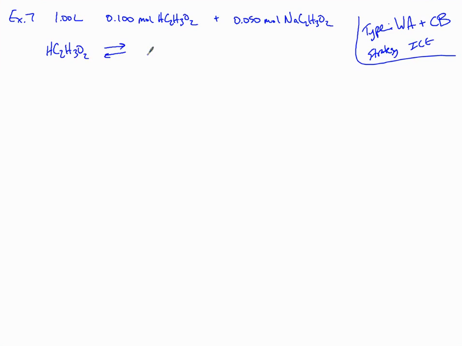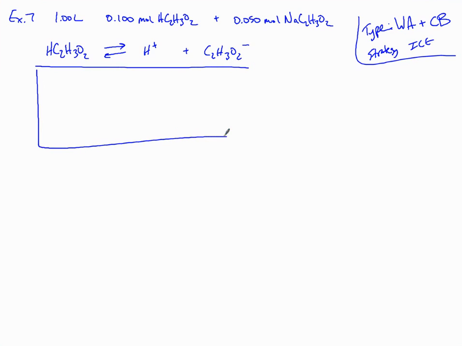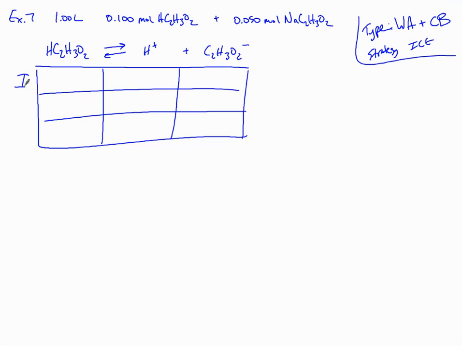The dissociation reaction of acetic acid, the initials, 0.1 mole of the acetic acid, no other sources of hydrogen this time, so 0, and we have some acetate.